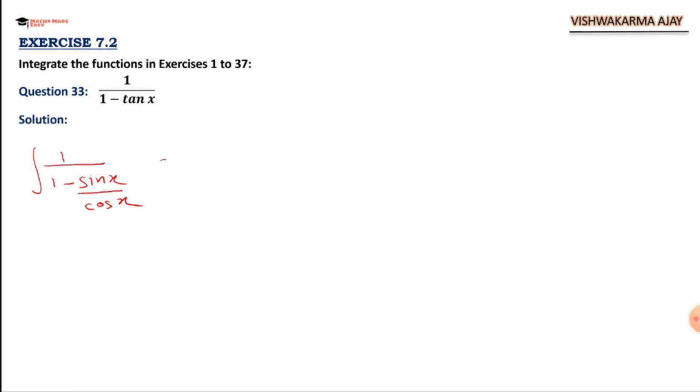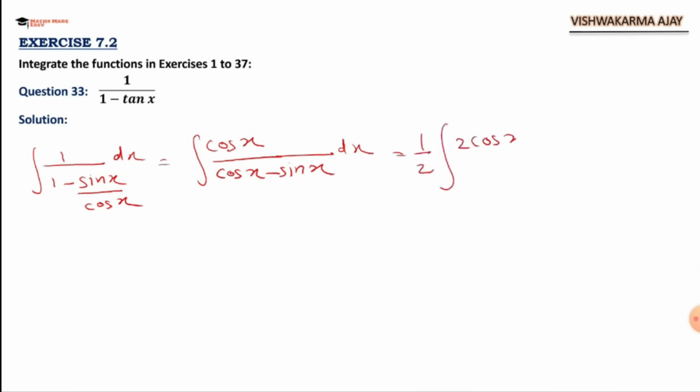Cross multiplying will give us cos x upon cos x plus sin x. Of course, there is dx here. Now divide and multiply by 2 like the previous question: 2 of cos x upon cos x plus sin x. Later you need sin x, so you need minus sin x plus sin x.